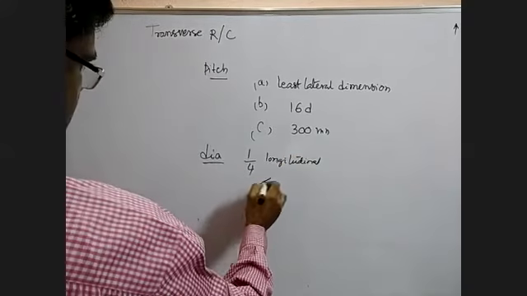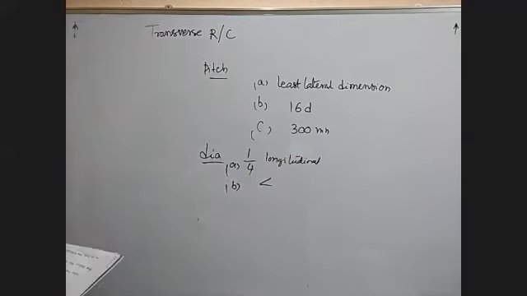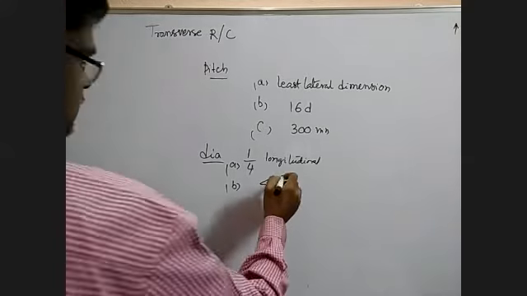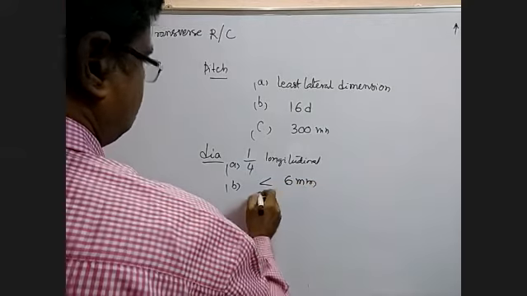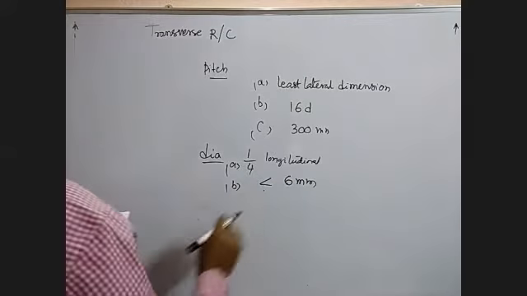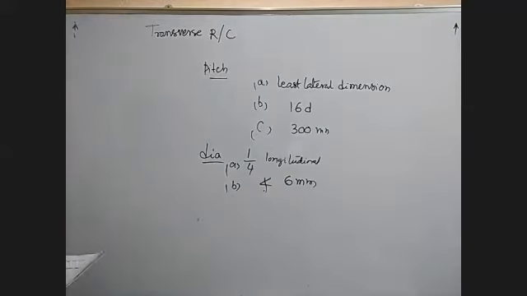And ఇంకో కండిషన్ ఏంటంటే 1/4 పెట్టుకున్నాం కదా అని 12 తీసుకున్నాం అనుకోండి, 12/4 అంటే 3 mm అయింది. ఓకే, but it should not be less than 6 mm. Okay, should not be less than 6 mm. This is regarding the transverse reinforcement, that is lateral ties.